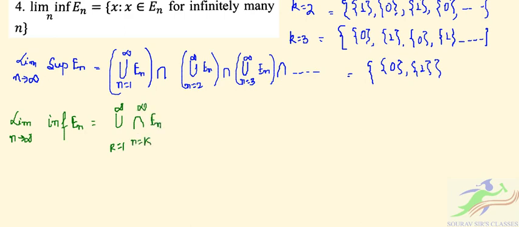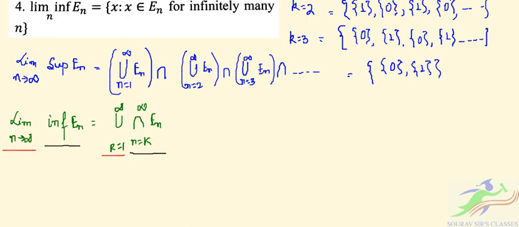So in the case of infimum, first we have the infimum of En as the intersection of n equal to k to infinity En, and whenever we put this limit n tends to infinity, this union will come into play, this k equal to 1 to infinity. So in the supremum, we can decompose this in this manner, the union and the intersection.